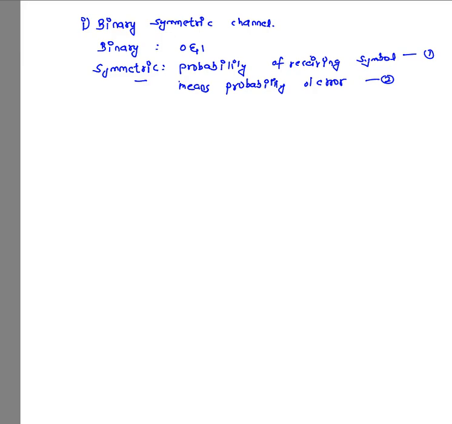Say, for example, there is the transmitter and there is the receiver. Suppose I have transmitted a symbol 0. That 0 will be traveling over the free space and will be received at the receiver. It will be received as 0 if the noise is less, or in some circumstances it may be received as 1 also, due to noise.